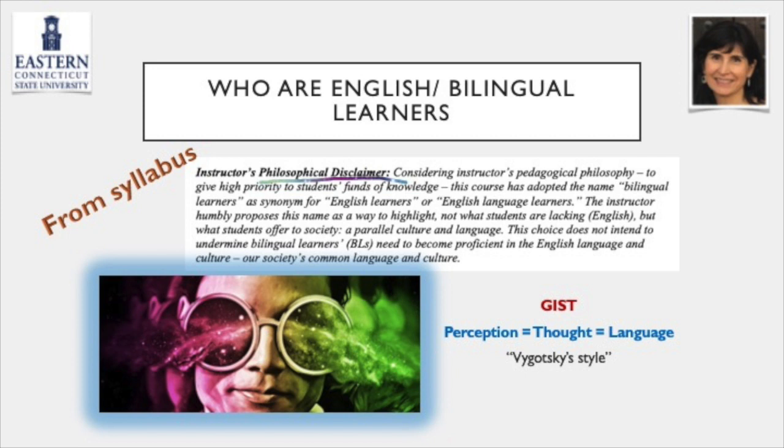I call them bilingual learners. I clarify in the syllabus that I humbly propose this name as a way to highlight not what students are lacking, which is English, but what students offer to society, a parallel culture and language. And also I indicate that this choice does not intend to undermine bilingual learners' need to become proficient in the English language and culture, which is our society's common language and culture.